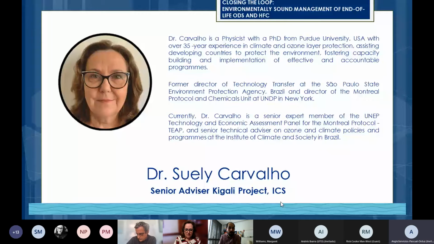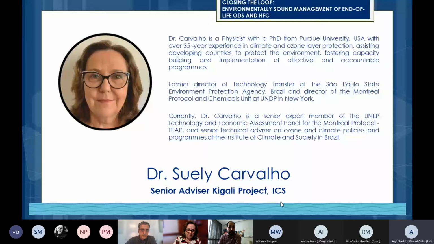Dr. Carvalho is a physicist with a PhD from Purdue University, US, with over 35 years of experience in climate and ozone layer protection, assisting developing countries to protect the environment, fostering capacity building, and the implementation of effective and accountable programs. Former Director of Technology Transfer at the Sao Paulo State Environment Protection Agency, Brazil, and Director of the Montreal Protocol and Chemicals Unit at UNDP in New York.